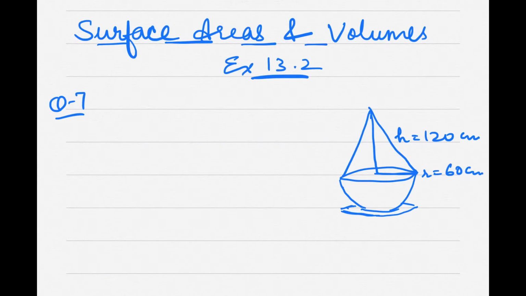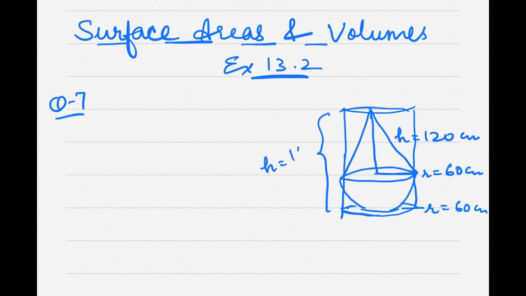Now find the volume of the water left in the cylinder if the radius of the cylinder is also 60 centimeter and height is 180. So this height is equal to 180 centimeter.